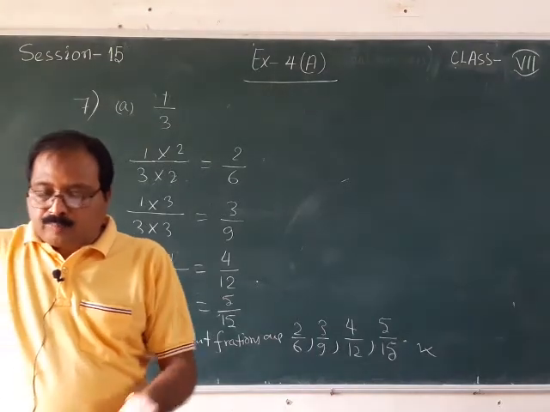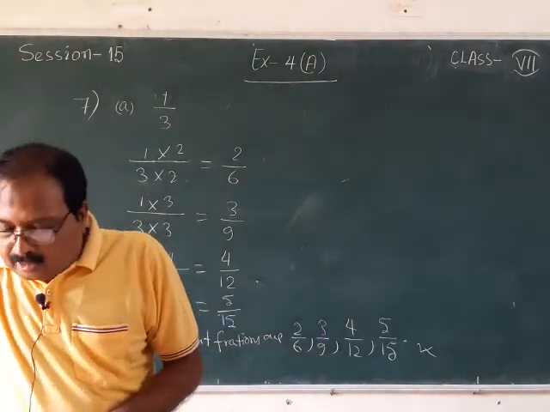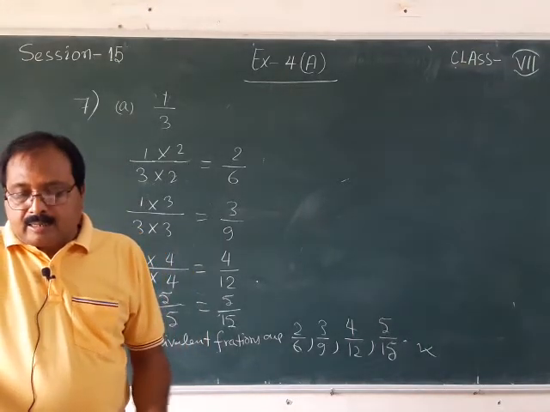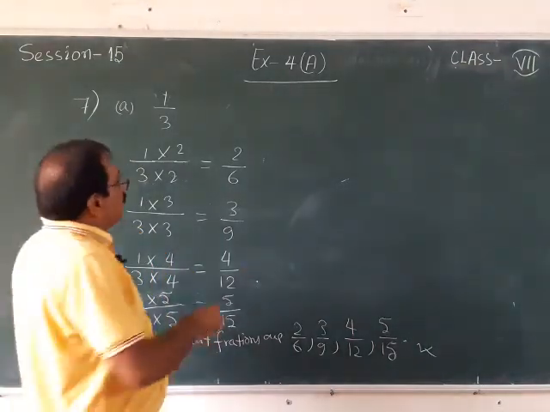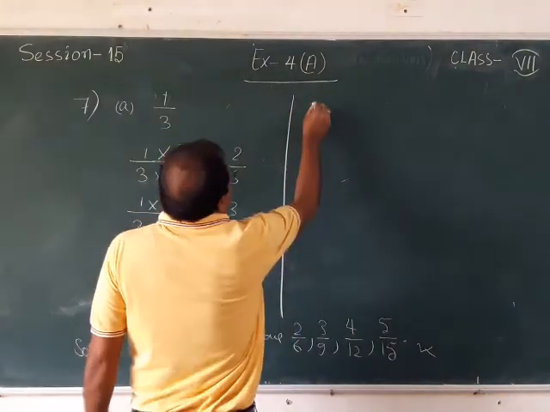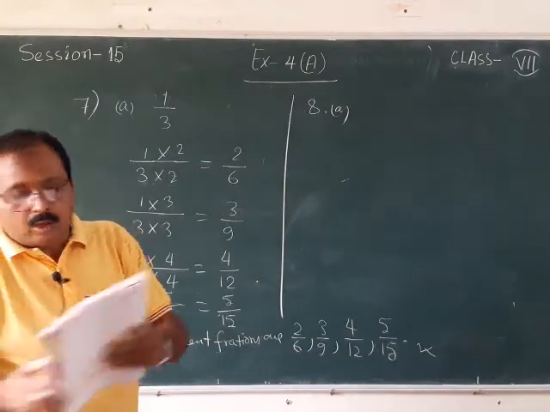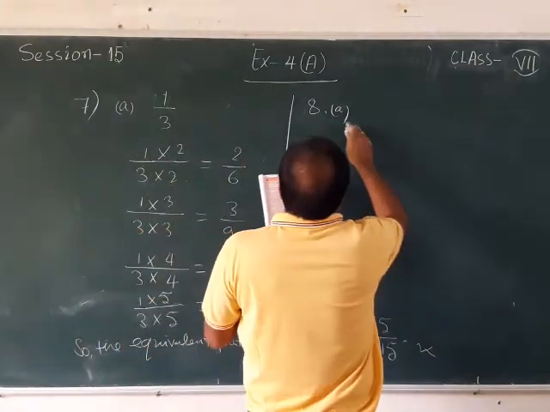Number 8 also: write the missing number in the following equivalent fractions. So let us see how you will test for question 8. I am going to show you one question, 8a.